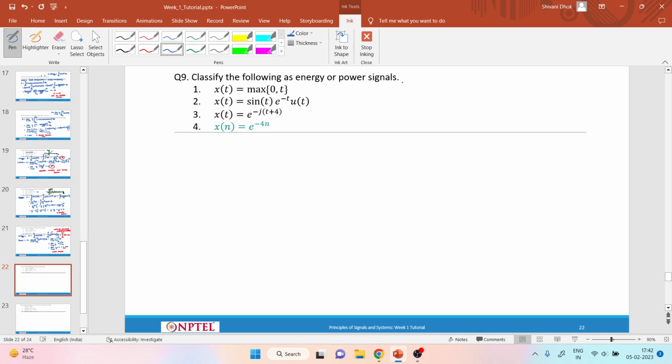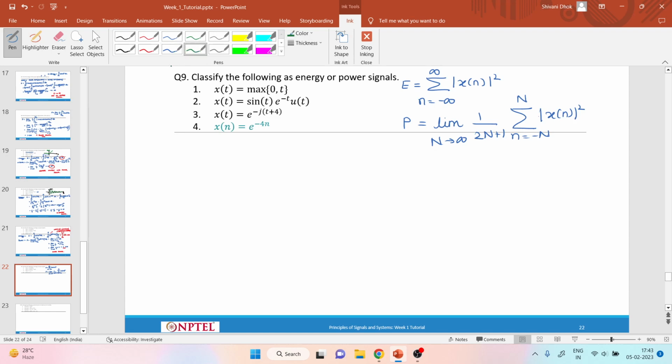For a discrete time signal your energy is defined as summation n running from minus infinity to infinity mod x of n square, and your power is defined as limit n tending to infinity 1 by 2n plus 1 summation n running from minus n to n mod of x of n square.